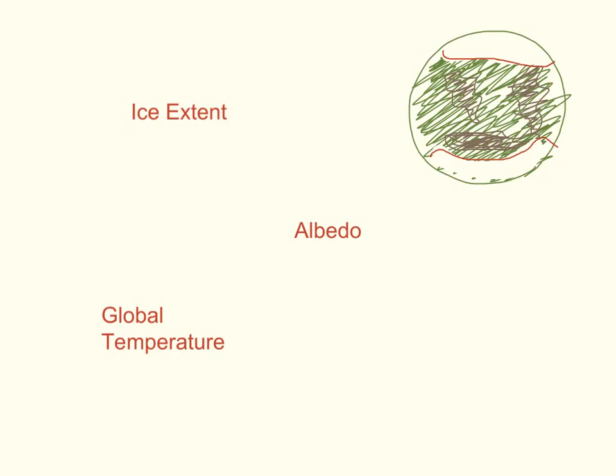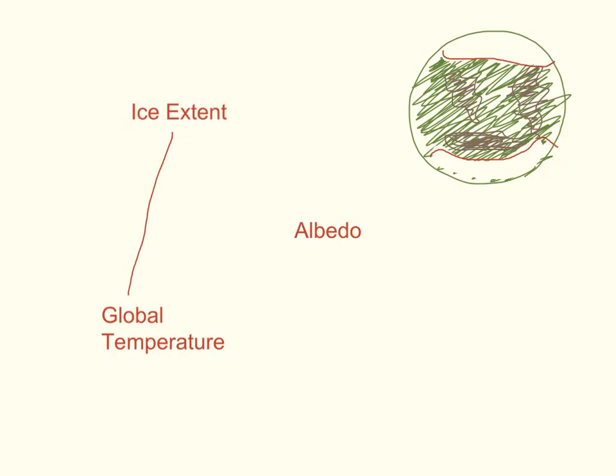We'll start by connecting these different components of global temperature, ice extent, and albedo together in a way that makes logical sense. So we know that as global temperature increases, that is going to modify the extent of the ice sheets. As global temperature increases, we are probably going to start melting the periphery of these ice sheets just a bit.